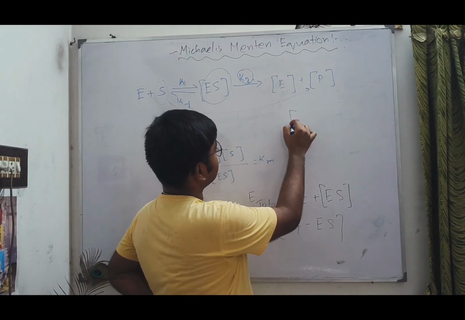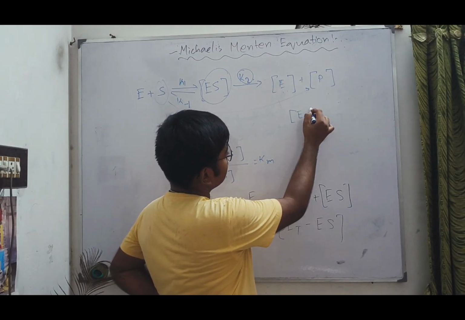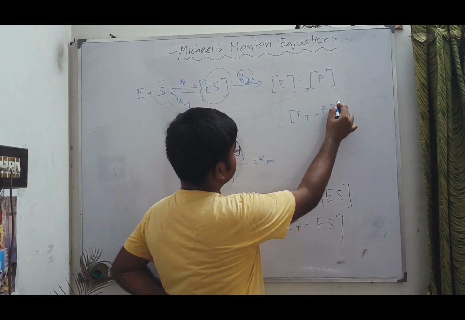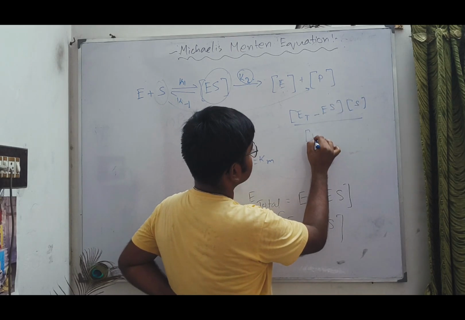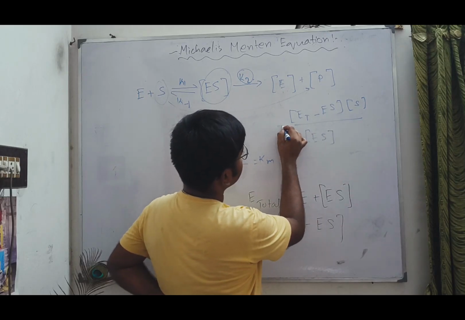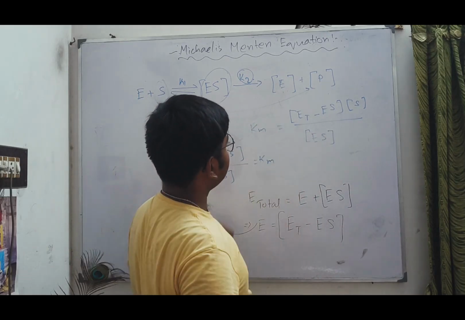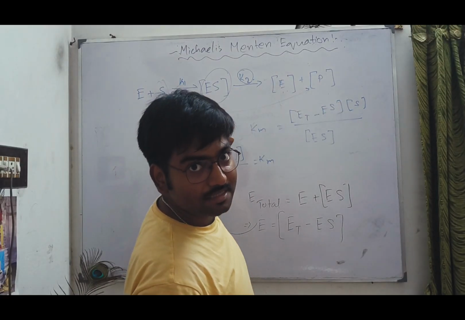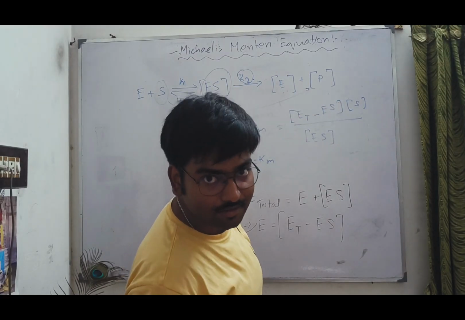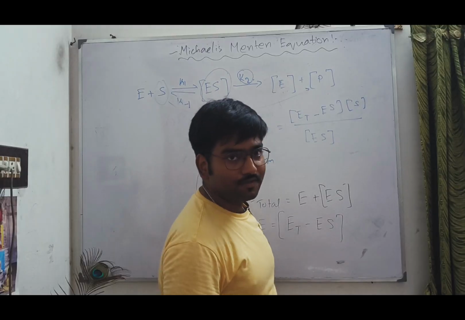Now I will say that E total minus ES into S by ES equals Km. Yes or no? I just put the value of E here, that is E total, the total enzyme, minus the enzyme substrate complex. Yes or no? I have put the value.